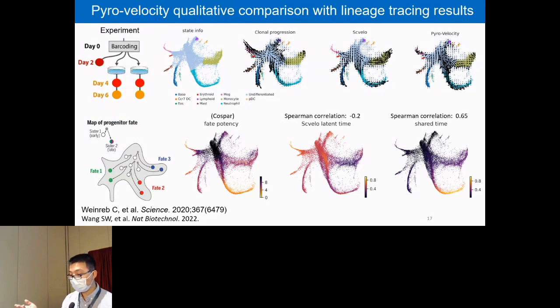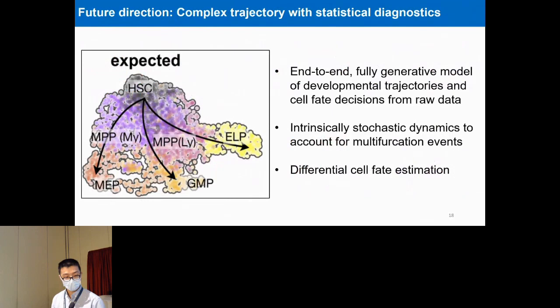But the published SVLO method even has a reverse order, a negative correlation. Since there is no gold standard for multiple trajectories, our future direction will focus on complex trajectories with several statistical diagnostics.